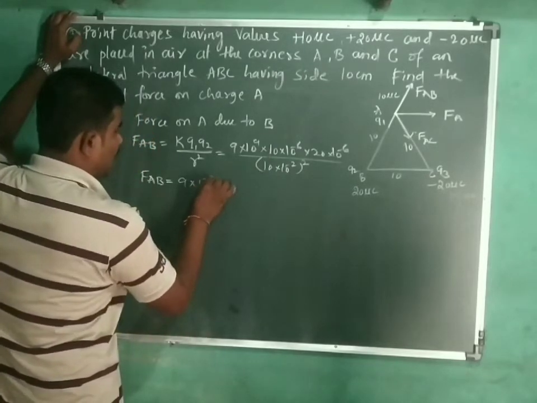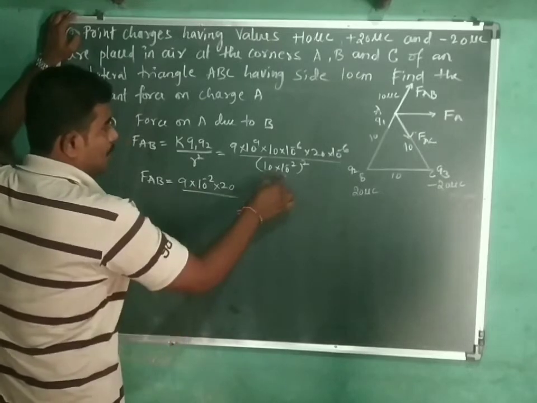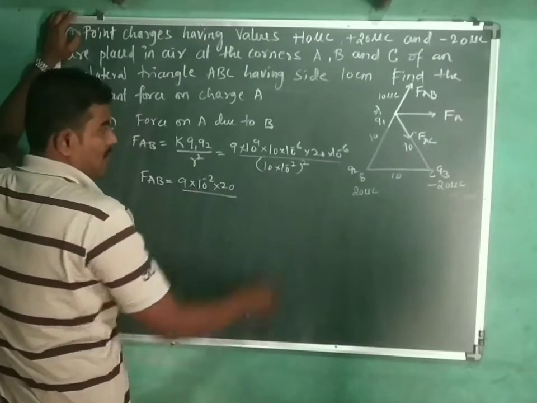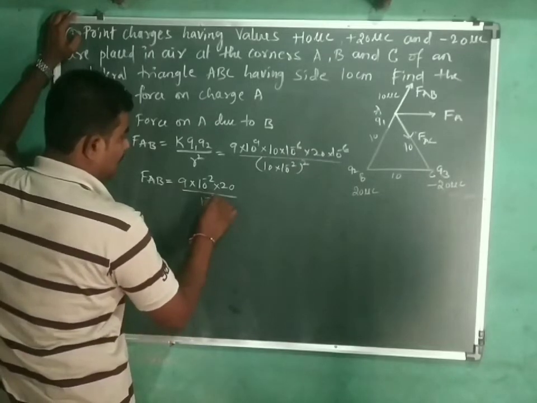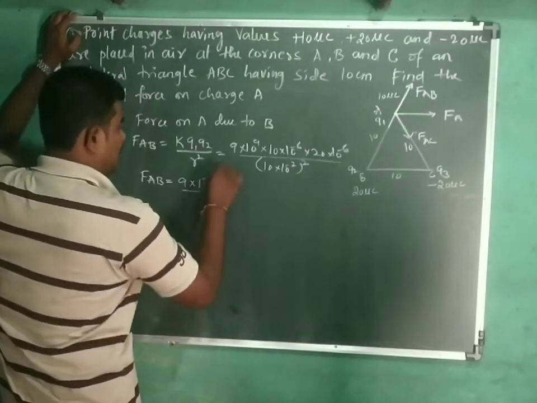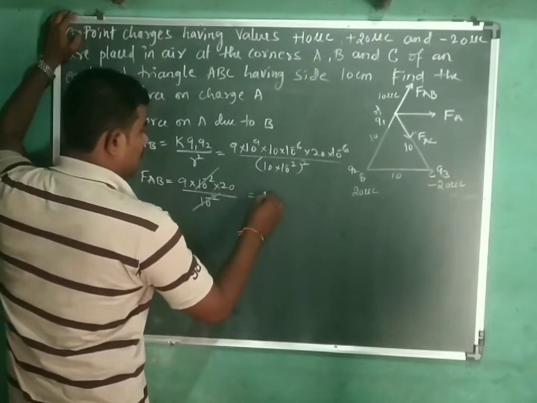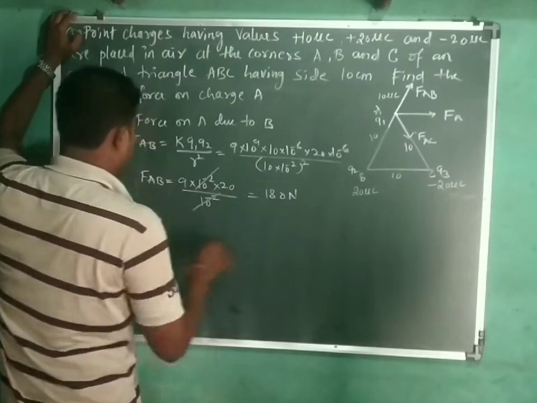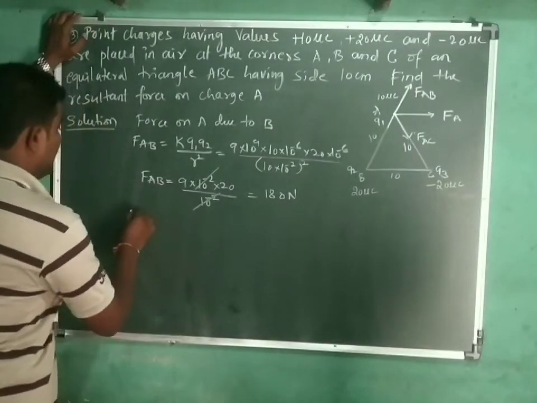So 9 into 10 to the power minus 2 into 20 divided by 10 into 10 to the power minus 2, which is 10 to the power minus 1, squared, therefore 10 to the power minus 2. Minus 2 is cancelled, 9 into 20 is 180 Newton. So FAB is how much? 180 Newton.